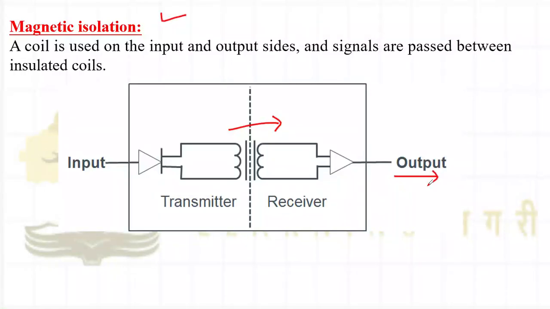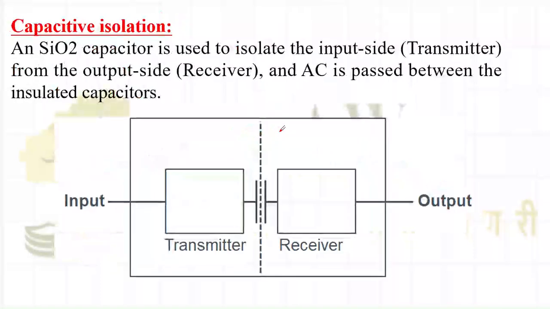The third type of isolation is capacitive isolation. An SiO2 capacitor is generally used to isolate the input side from the output side. I guess you understood up to this. So there are three different types of isolation available.